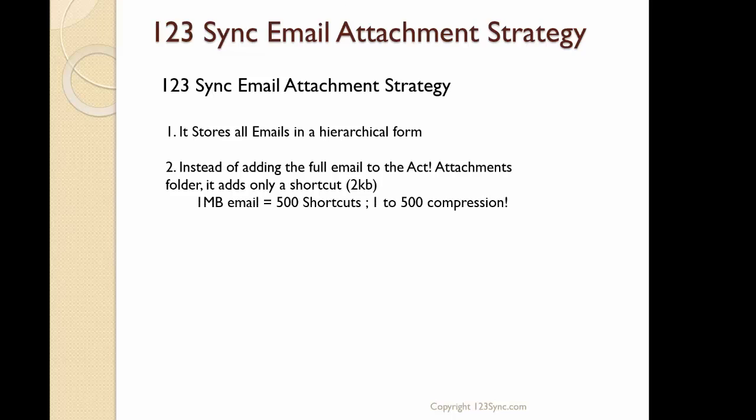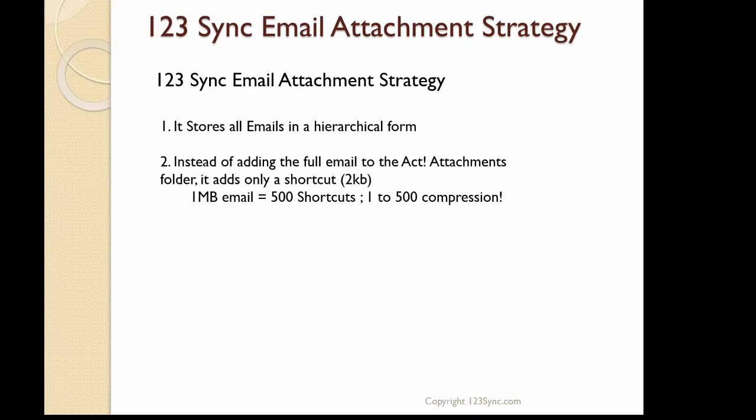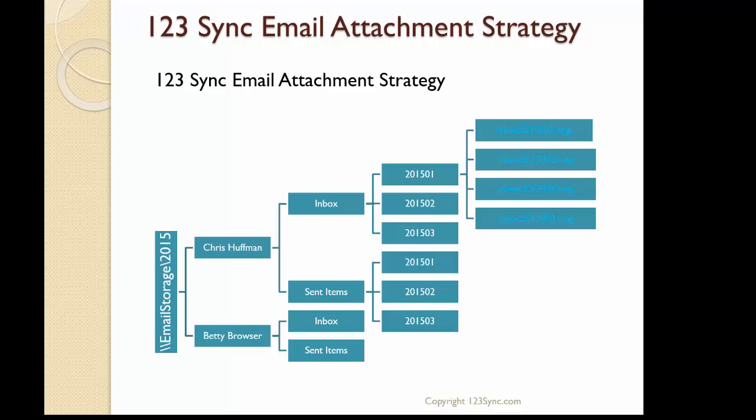And the shortcut is about 1 to 2 kilobytes. And so a 1 megabyte email or attachment is 500 shortcuts. So we're achieving approximately anywhere between 450 to 550 times compression on that folder, on the attachments folder.